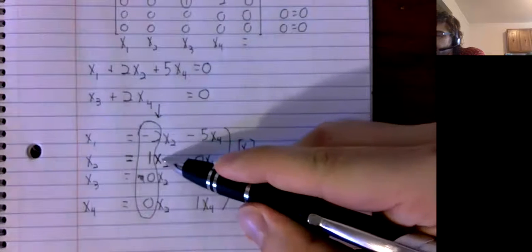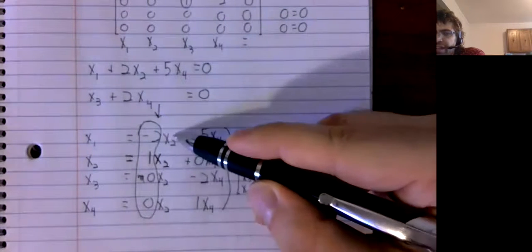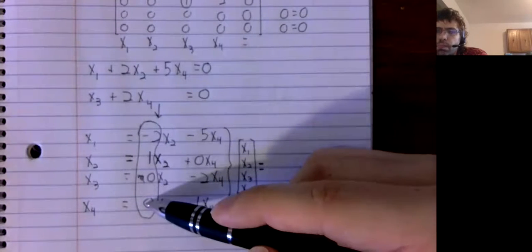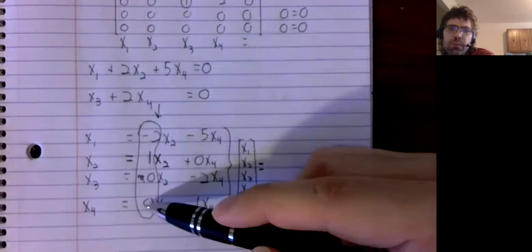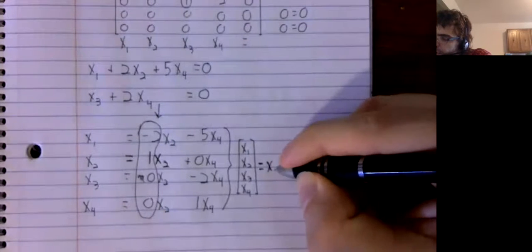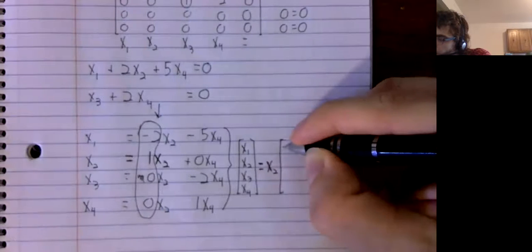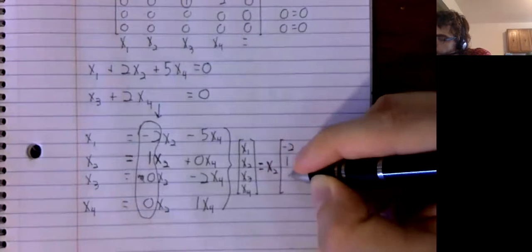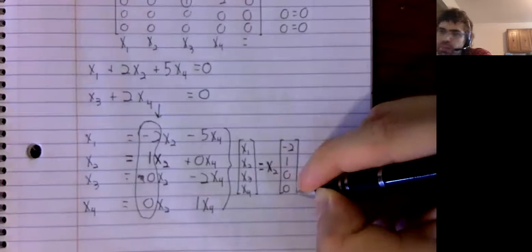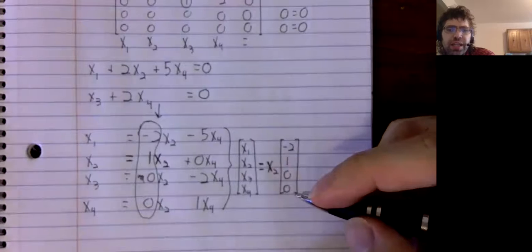They're all being multiplied by the same thing, this x2. And if you have a list of numbers that are all being multiplied by the same thing, that's expressible using vectors and scalar multiplication.